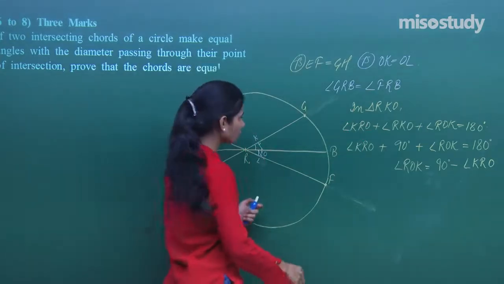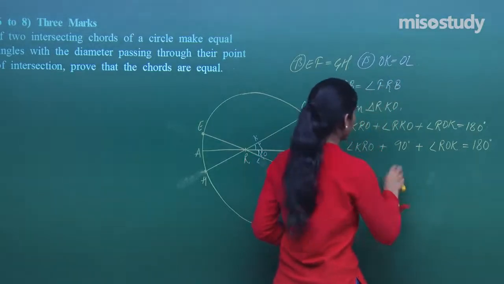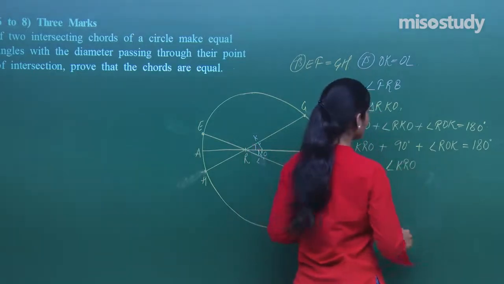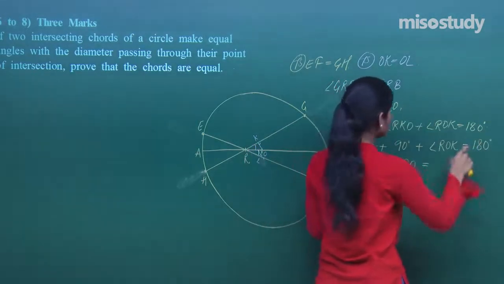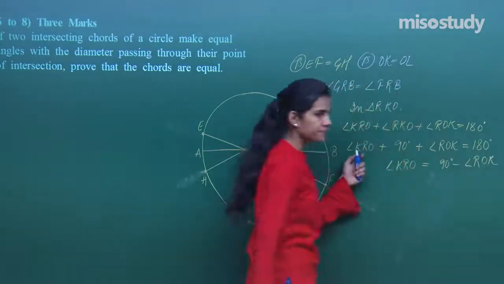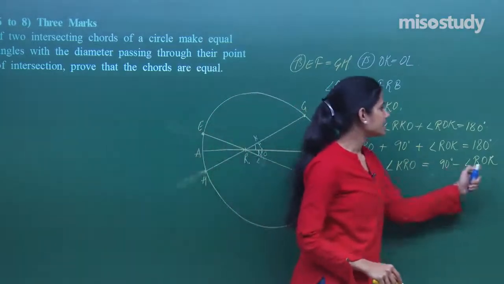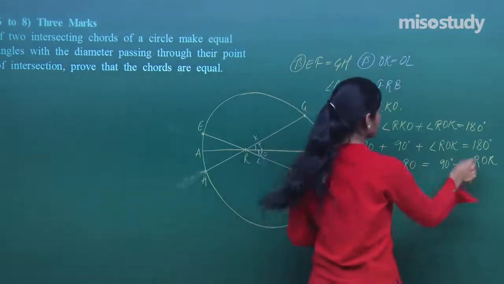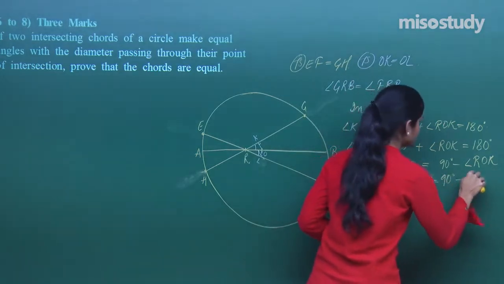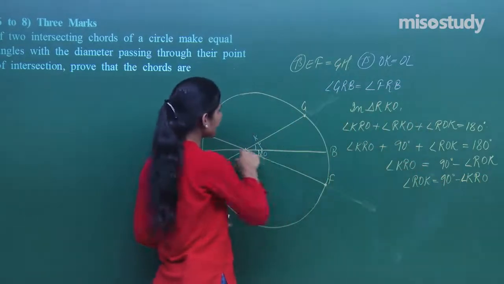This angle KRO is 90 minus angle ROK, or I should say ROK would be 90 degrees minus angle KRO. But angle KRO is the same as angle GRB.